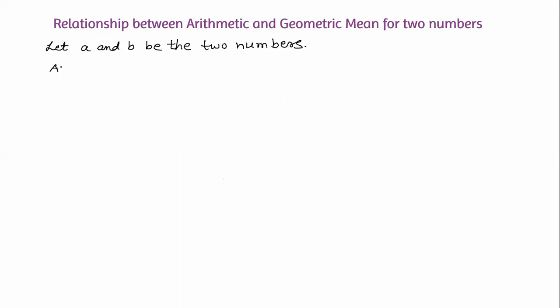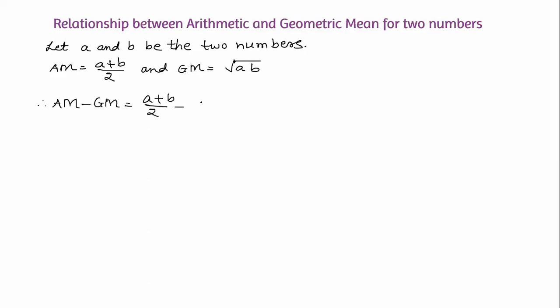Arithmetic mean is equal to (A plus B) by 2 and geometric mean is equal to the square root of A into B. Therefore, arithmetic mean minus geometric mean is equal to (A plus B) by 2 minus square root of AB.